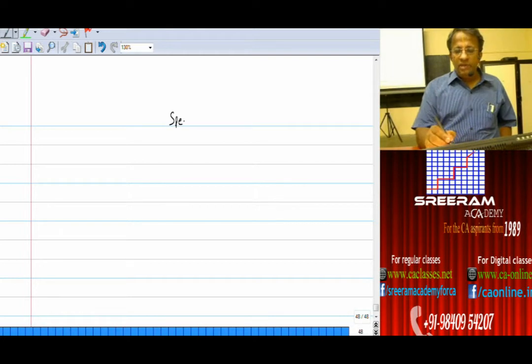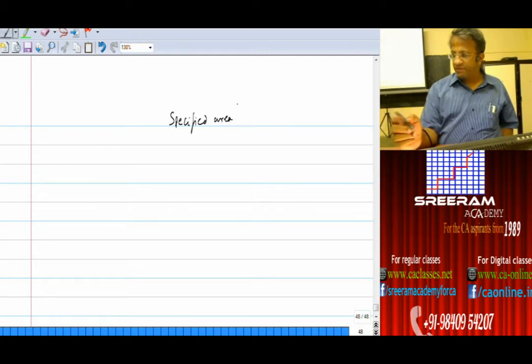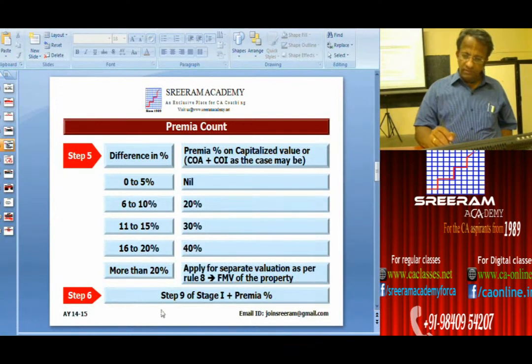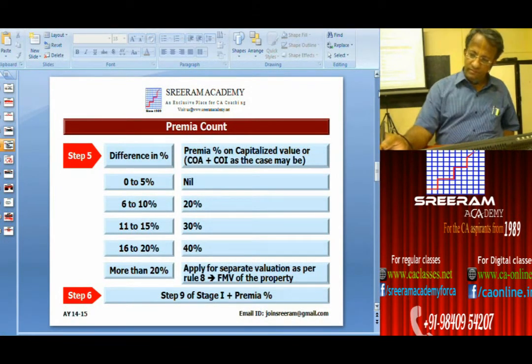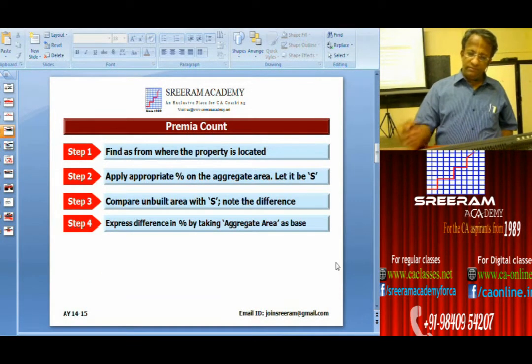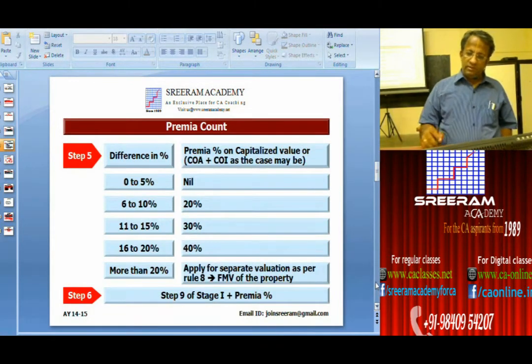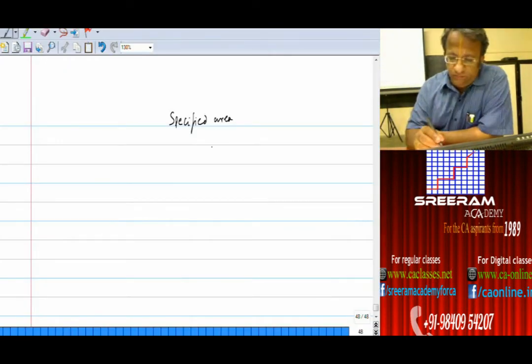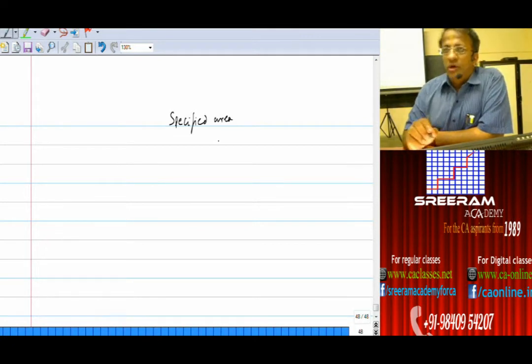See, there is something called specified area. In the reference they have just made a specified area. So I will tell you what that is. The logic I will tell you, all of you closely follow.